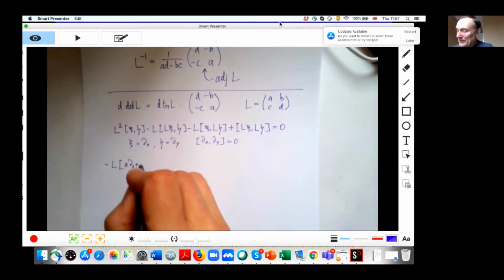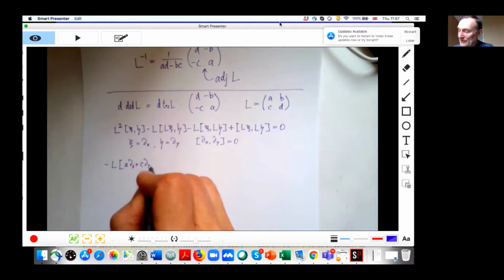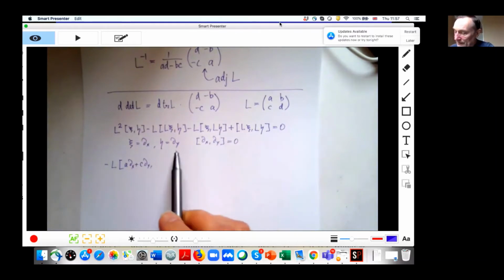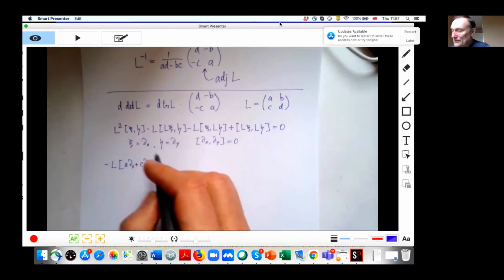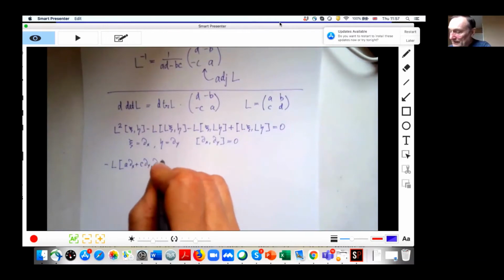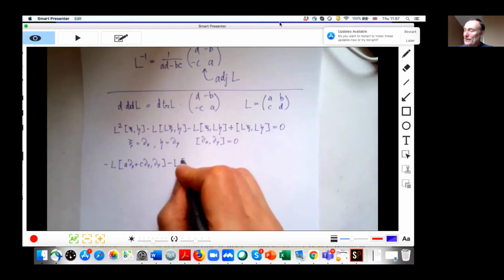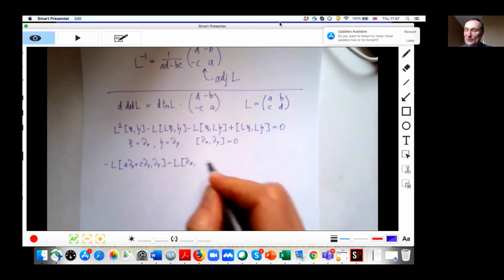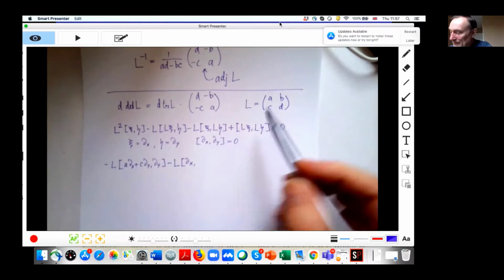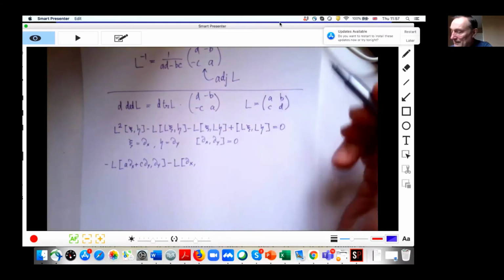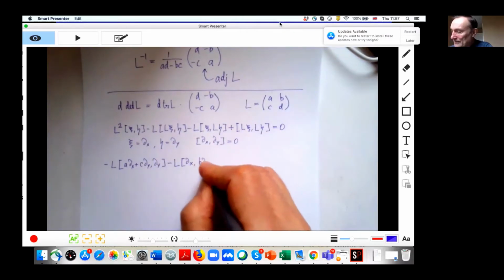I apply it to eta, and eta is d/dy. Good. And minus L of xi, where xi is d/dx, the image of d/dy, is the second column, B, D: this is B d/dx plus D d/dy.